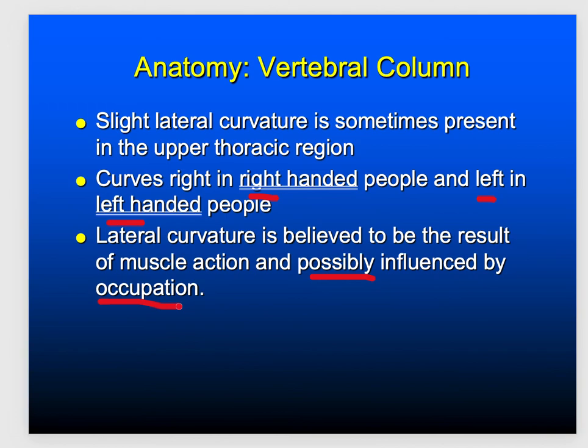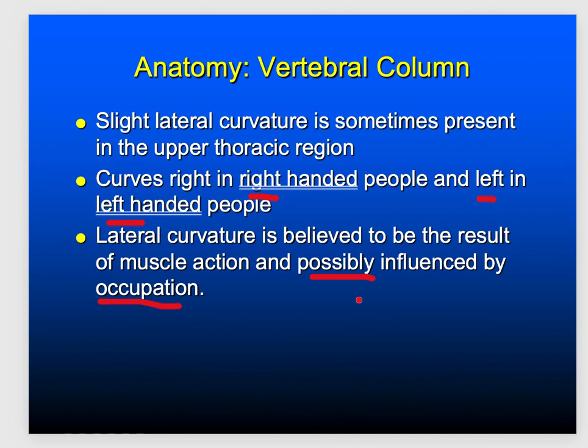Which is kind of comical, because usually scoliosis happens more in younger people. So I'm kind of wondering what occupation they may have as younger adults that may be causing some of their scoliosis.